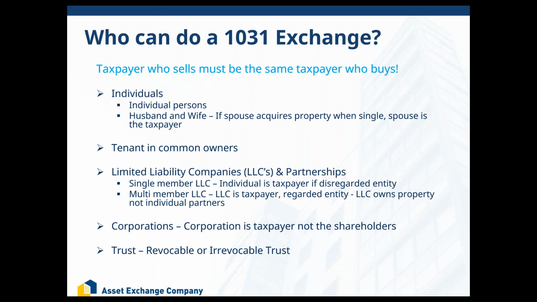Any type of legal entity that owns real property can do a 1031 exchange: corporations, partnerships, trusts, LLCs. Sometimes we see this with LLCs. People will create an LLC, and for tax purposes, it's going to be a disregarded entity. Disregarded meaning that you don't file a separate tax return for that LLC. You just put anything to do with that entity on your personal taxes.